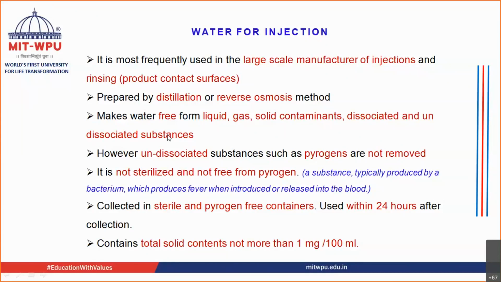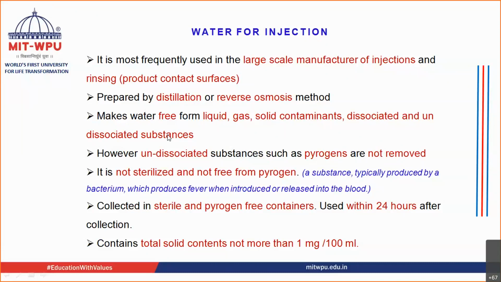It is prepared by distillation and reverse osmosis. It removes all the contaminants, whether solid, liquid, or gases, and also the dissociated and undissociated substances. Only undissociated substances like pyrogen are not removed. You have to remember that water for injection is not sterilized and is also not free from pyrogen.